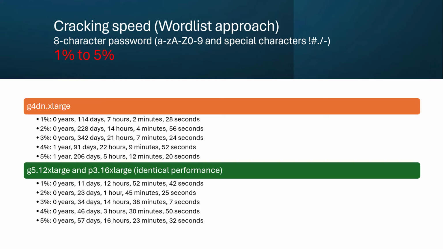Even so, if the password was in the first 1% of that word list, which consists of every single combination of the 8-character password with the rules I specified in the description, it would take like 114 days on the slowest one.